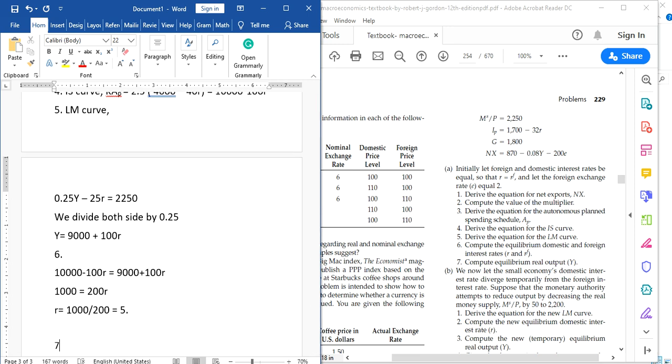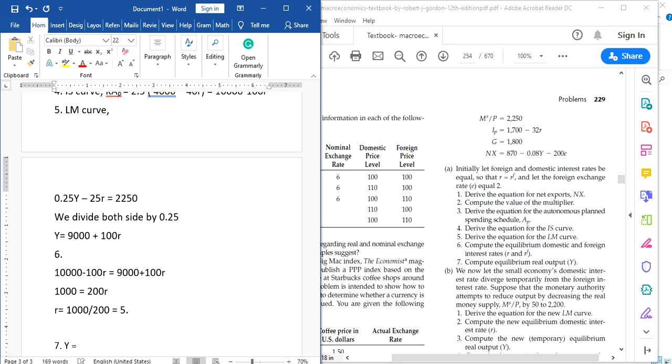Now 7. Compute the equilibrium of real output. In this case we can just use one of them, the LM or IS curve, and solve for Y, income, real output.